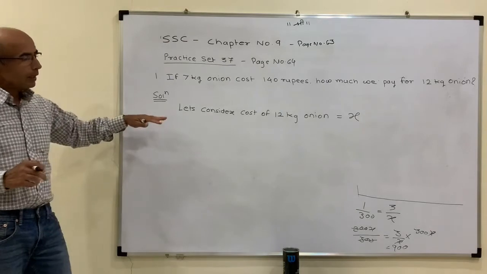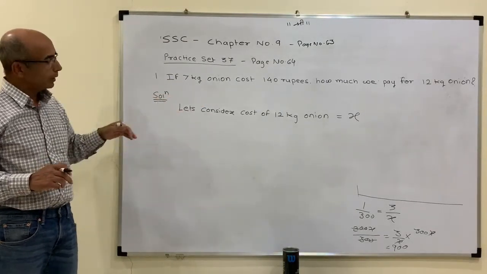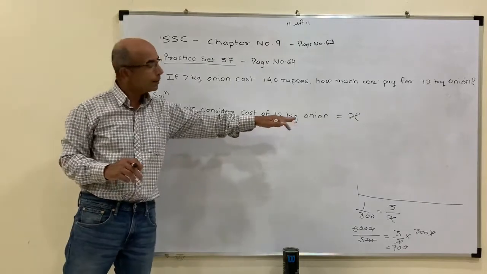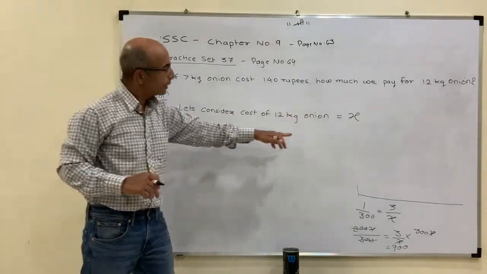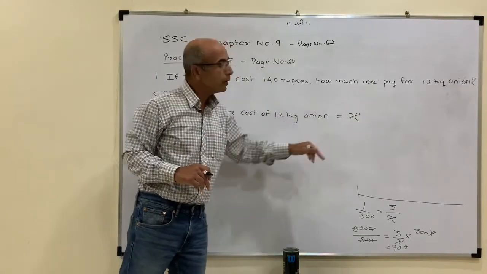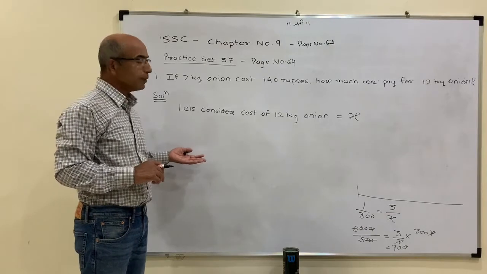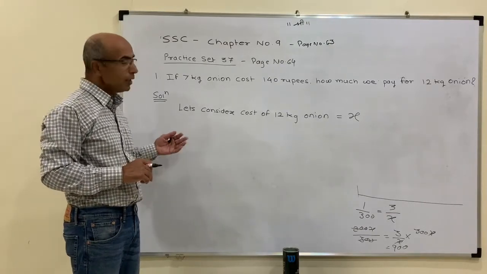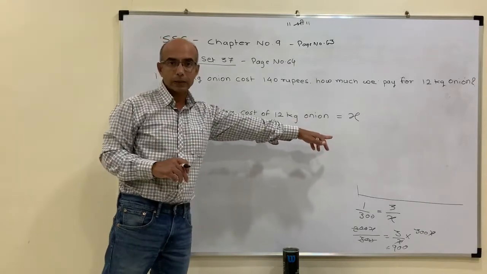So why am I taking x? You can take x instead of y, a, b, anything, but something has to be considered because we need to find the value of that. So when we consider this kind of x, we will be constructing an arithmetic equation, and then we will be solving that equation to find the value of x.